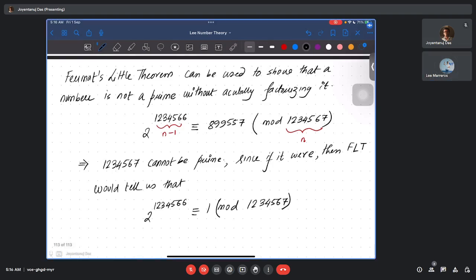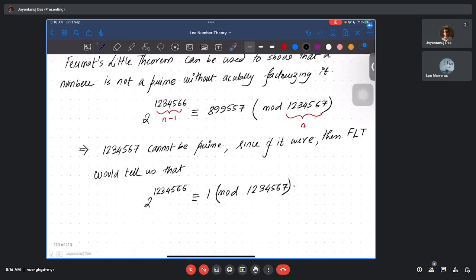Right, but that is not true, right? By Fermat's little theorem, if this number was a prime, this condition should hold, because 2 is not a divisor of this number. So I am choosing a as 2, and this number is my p and this number is my p minus 1.